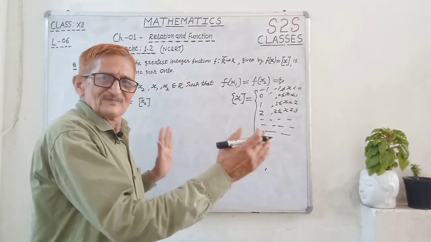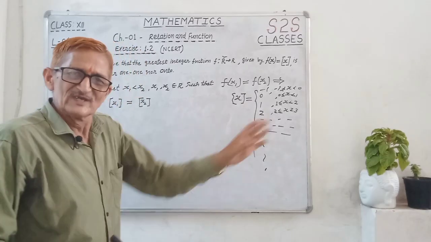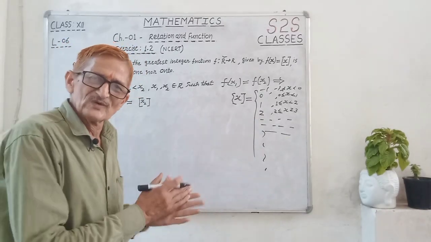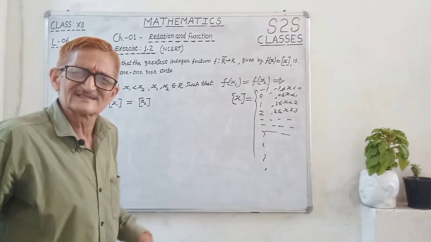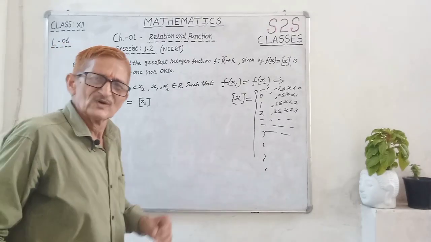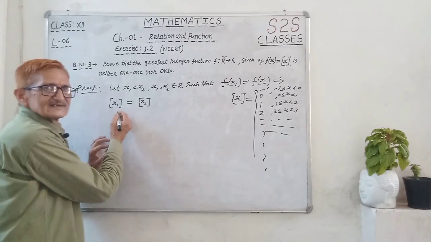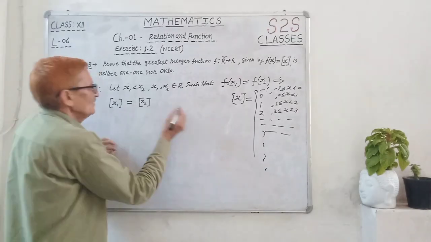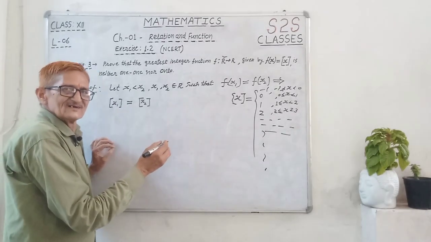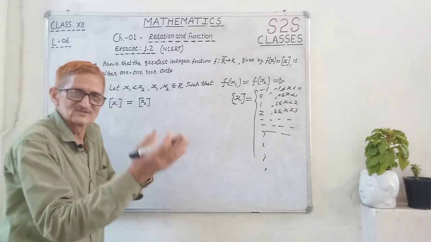So from the infinite real numbers, x1 may be any and x2 may be any other. Let us suppose x1 less than x2 are integers, belonging to the integers, and every integer is also a real number.